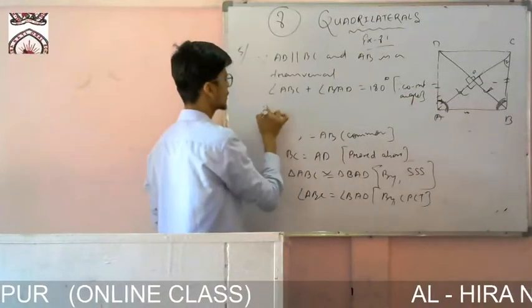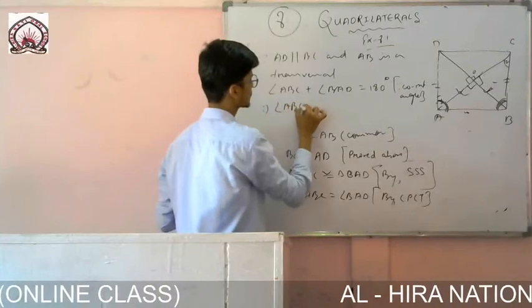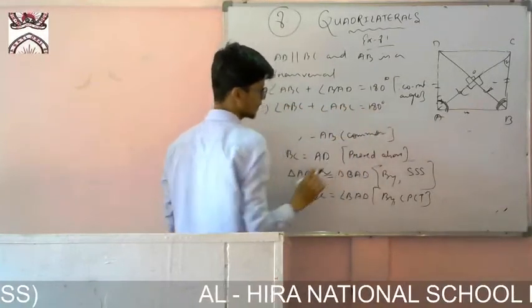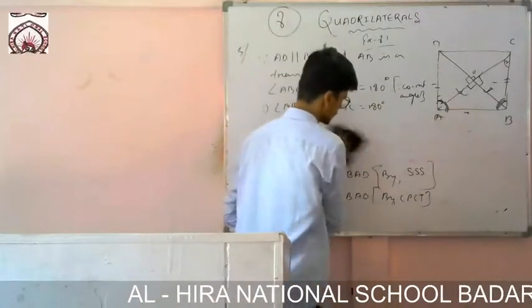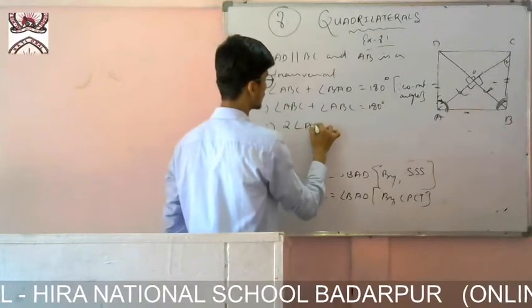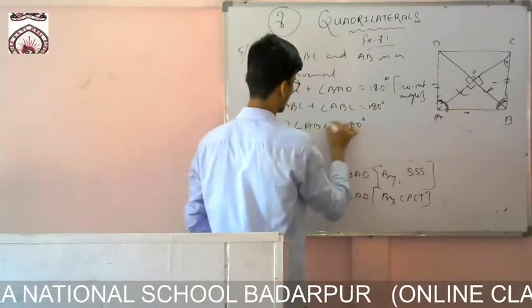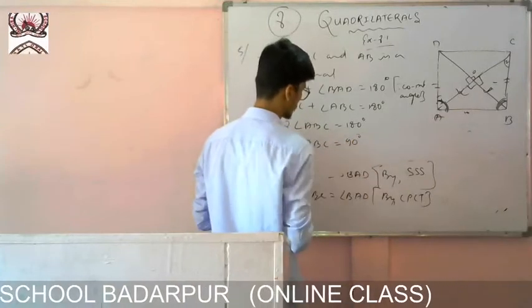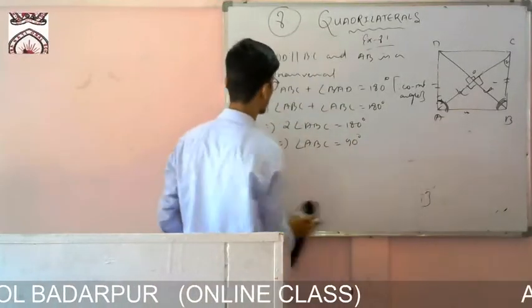So ABC plus ABC equals 180 degrees, so twice angle ABC equals 180 degrees. So angle ABC equals 90 degrees.